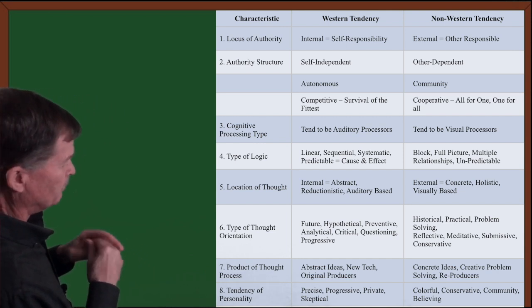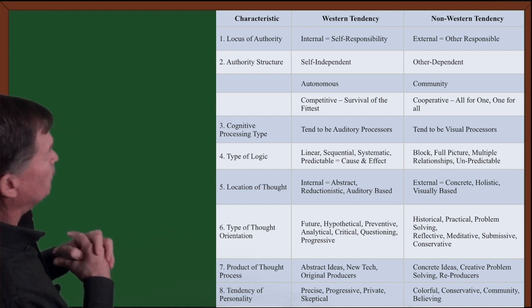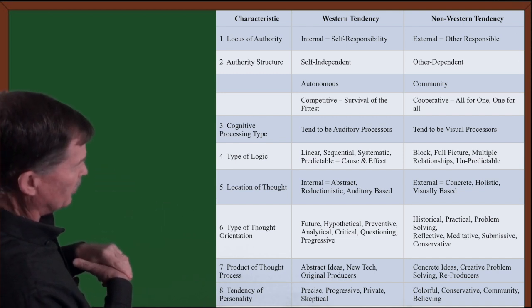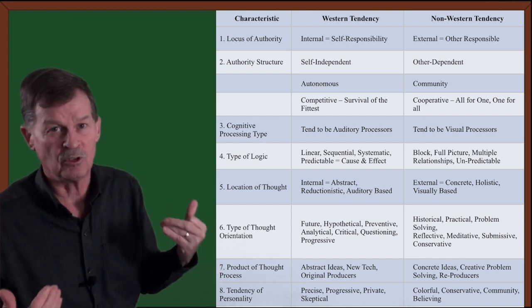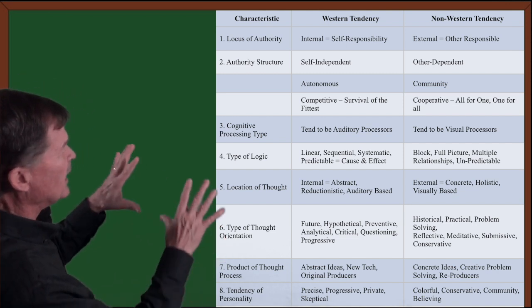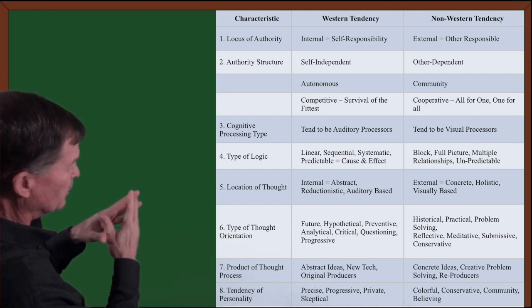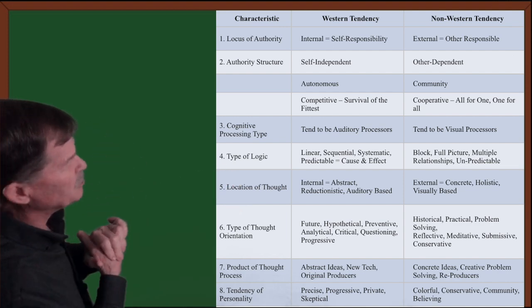Product of thought. Number 7, product of thought processes. With the Western thought, it's abstract ideas. It's thoughts that haven't happened yet. So it's technology that hasn't been invented yet. It's abstract ideas, new technology with many original producers.